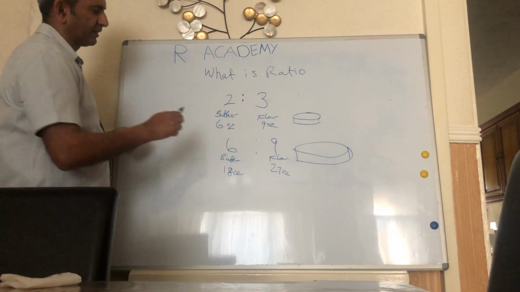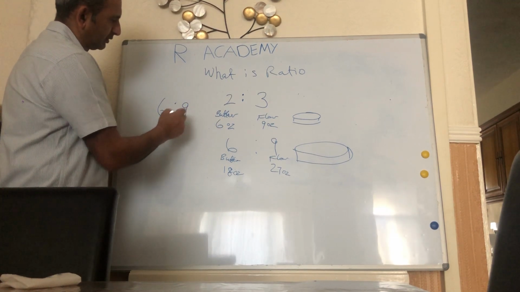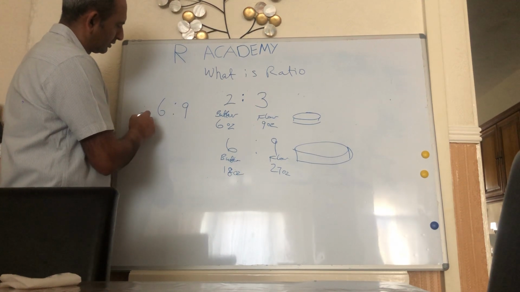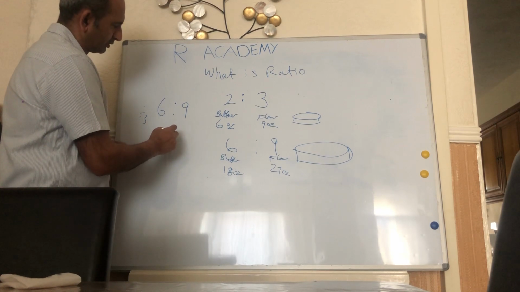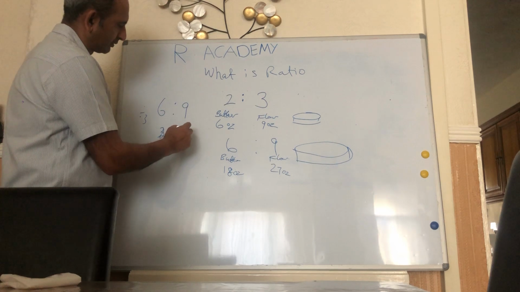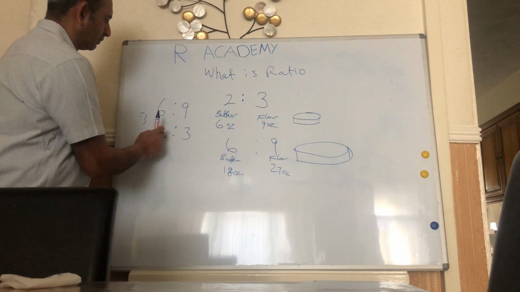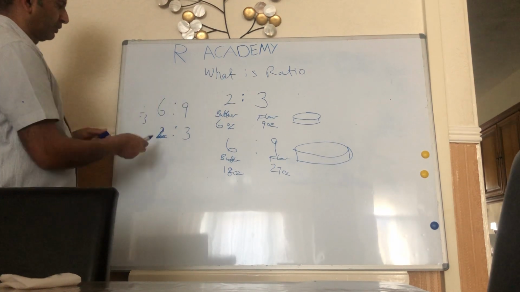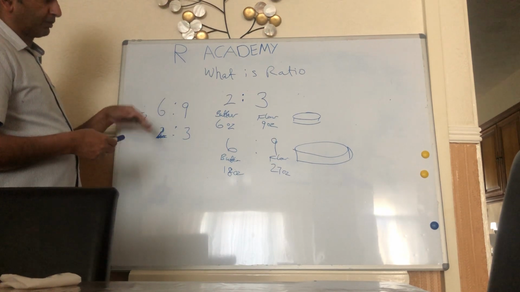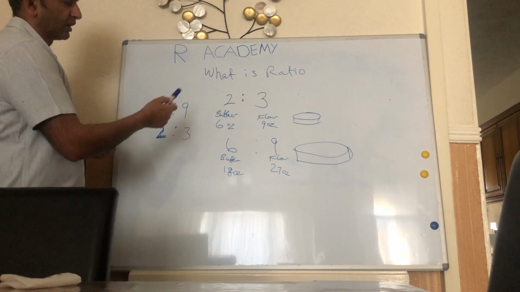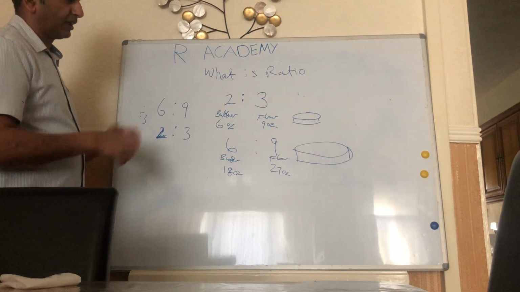If we divide 6 and 9 by 3, it simplifies into 2 and 3. So that becomes back to where we were, proving that this ratio simplified is the same. It remains the same. It's just that the numbers go up because you're adding more stuff into it to make a bigger product. Okay?